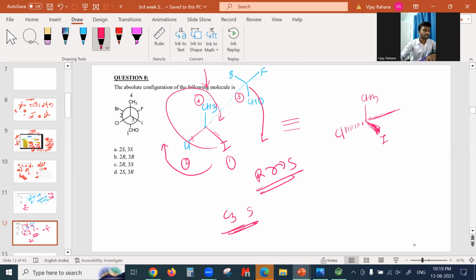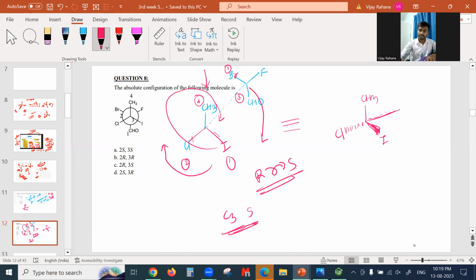And what is the configuration for this C2? So in this C2, see the bromine. We just need to give the numbering. So it will be the 1, the CHO, the carbon having the oxygen, and the chlorine. Yeah, here is the issue with the numbering. We have to assign the numbering correctly.